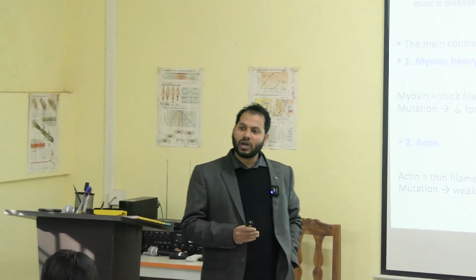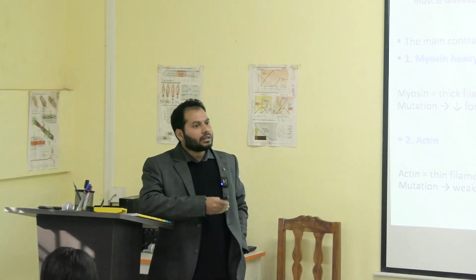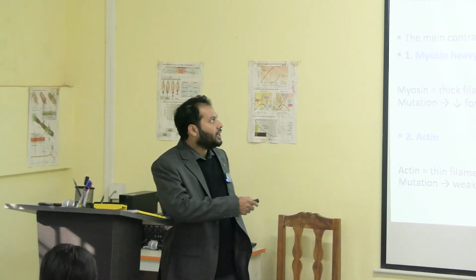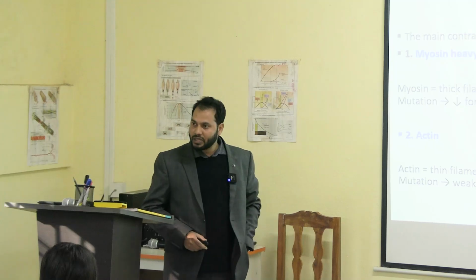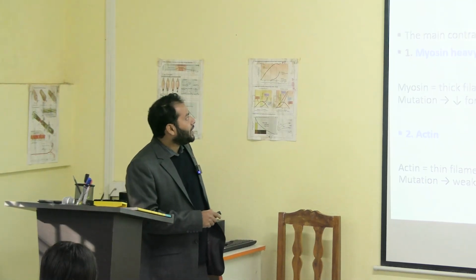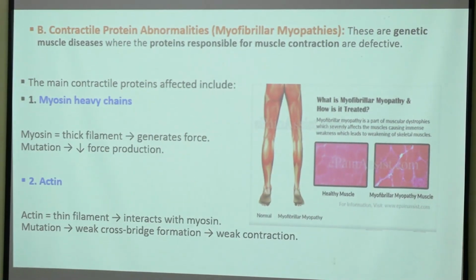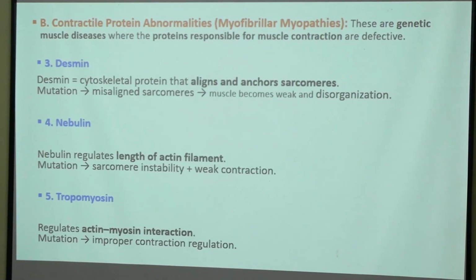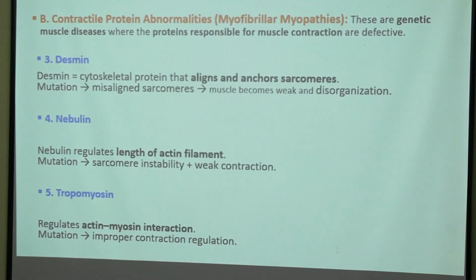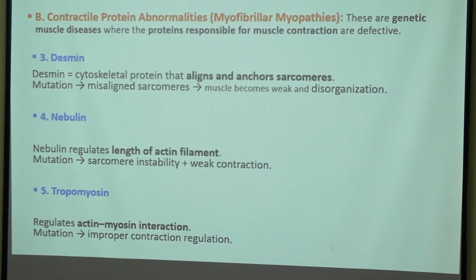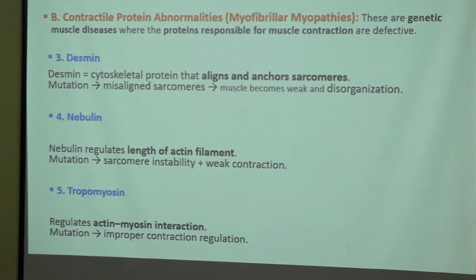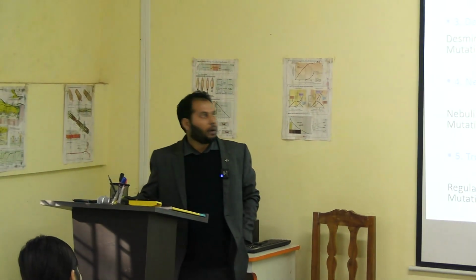Other than these, some other structural proteins may also be defective in myofibrillar myopathies. The main proteins affected include myosin heavy chain, actin, desmin, nebulin, and tropomyosin. So these are important skeletal muscle cell proteins. A defect in these proteins leads to the development of myofibrillar myopathy.